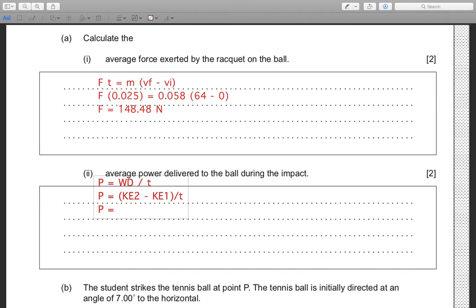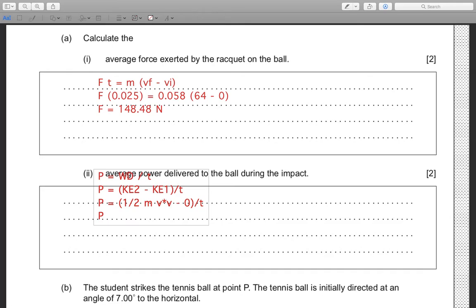Because the ball is initially at rest, the initial velocity is zero, so this becomes a half v squared, minus 0 because from rest, and divided by time.